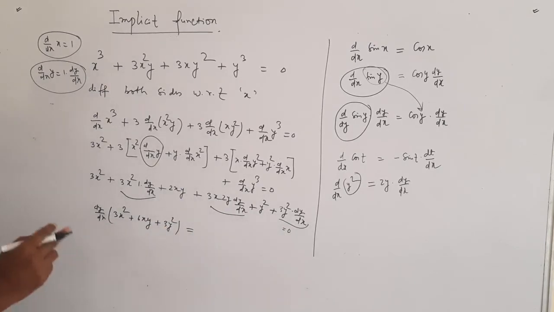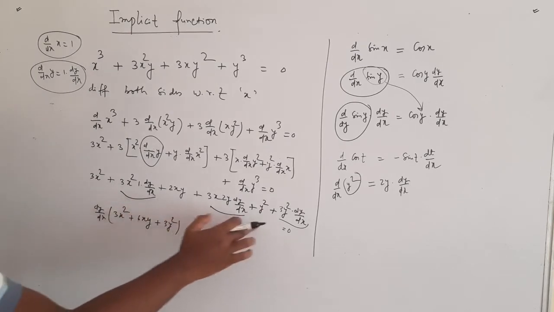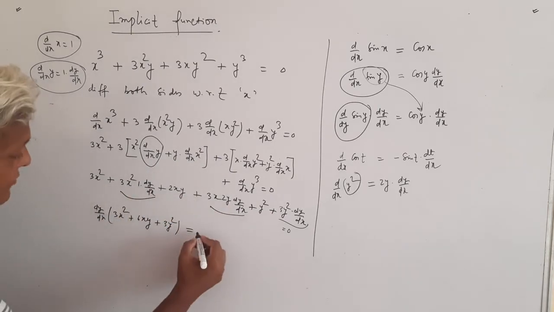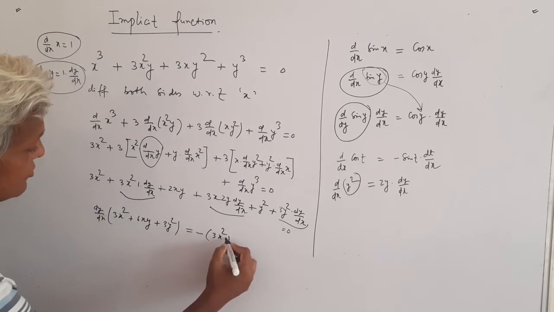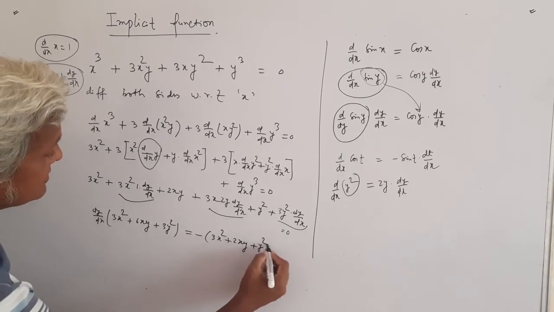And then at the same time these non dy by dx terms, 3x square, 2xy and y square, I just transfer them all to the right hand side, so they will all become negative. So I take negative common and then I write 3x square plus 2xy plus y square.